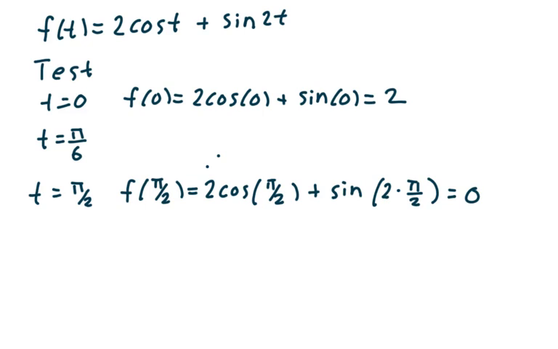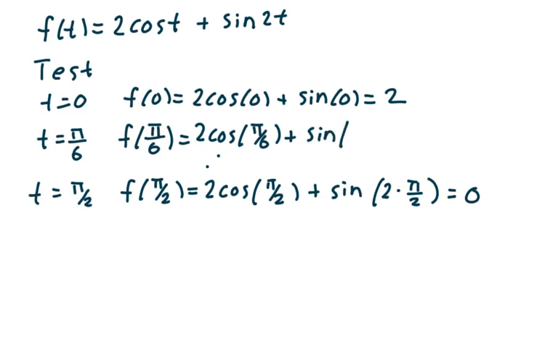And then if I plug pi over 6 in for t, I get 2 cosine of pi over 6 plus sine of 2 pi over 6. Okay, sine of 2 pi over 6, that's sine of pi over 3, right?